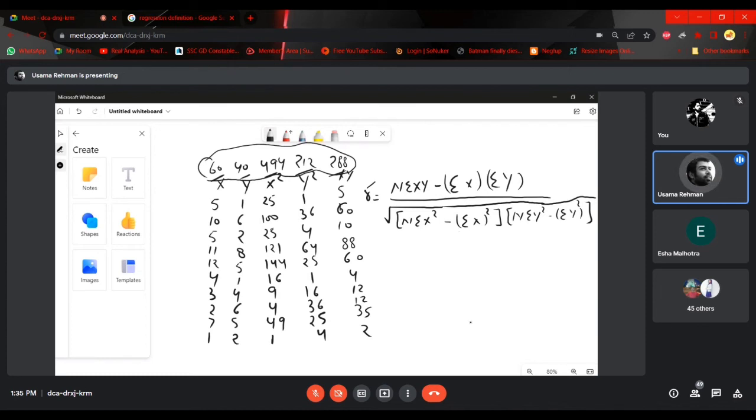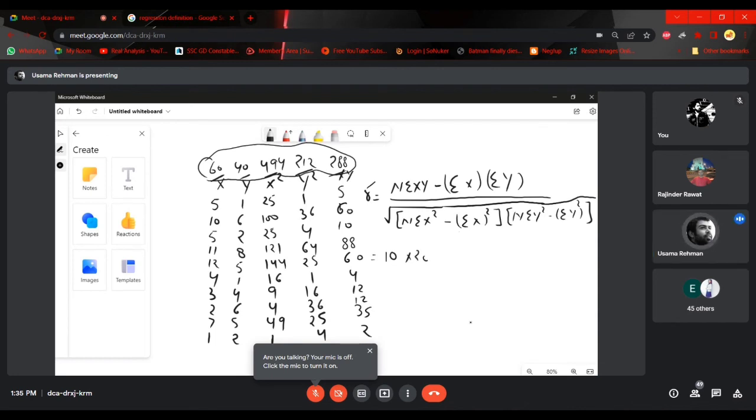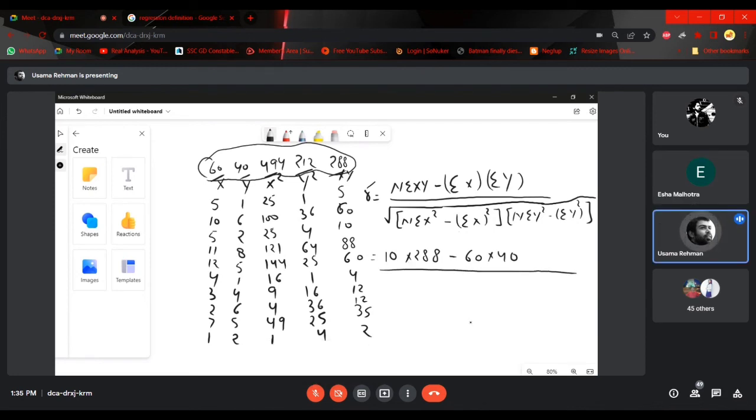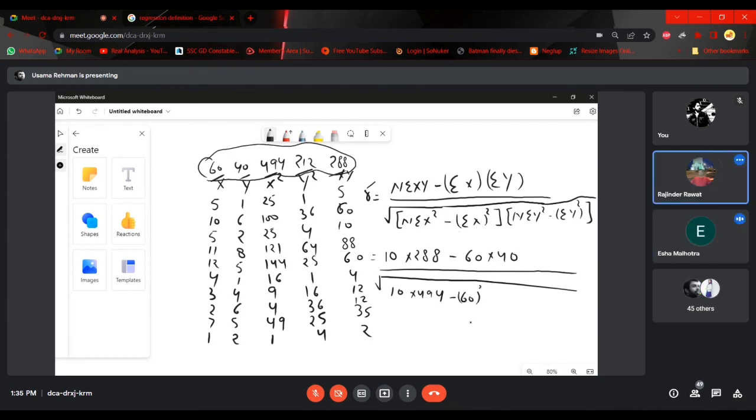So we have R is equal to 10 into 288 minus 60 into 40, divided by 10 into 494 minus 60 का whole square.